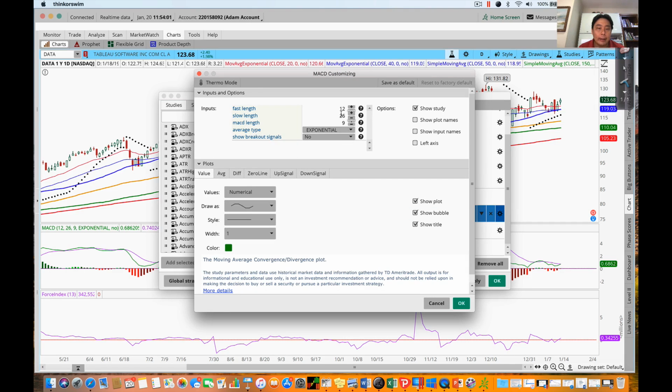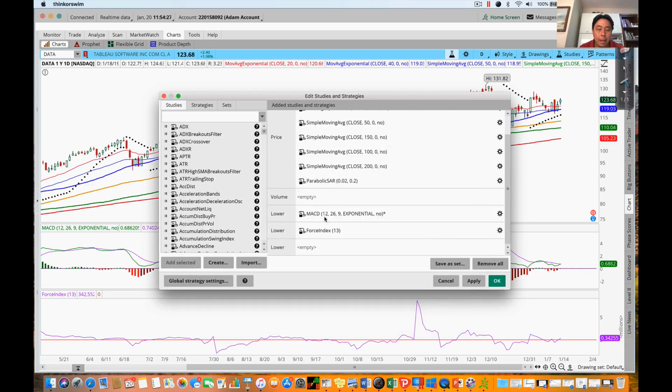I'm going to change the value of the MACD line to black. So again, there are two lines, the MACD line and the signal line. The MACD line will be black, and the signal line, which is the moving average of the MACD line, will be red.